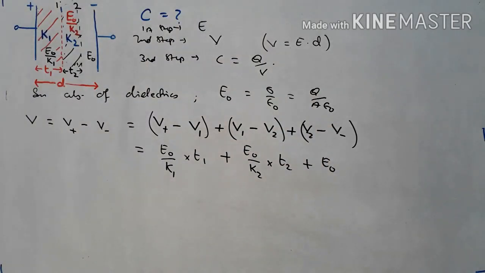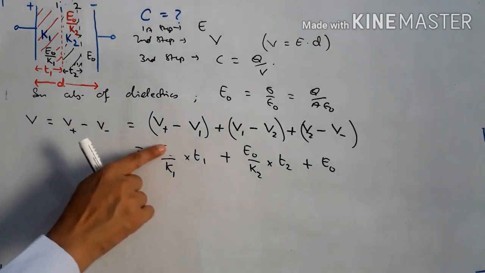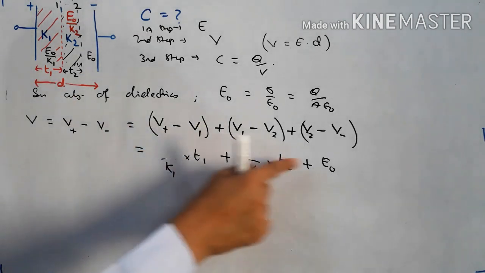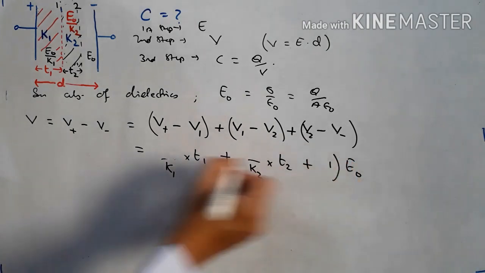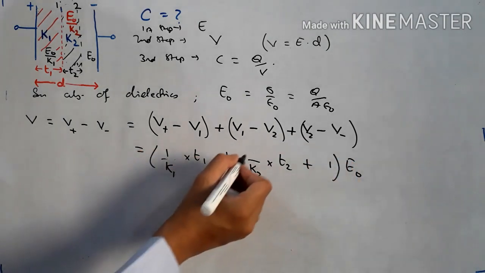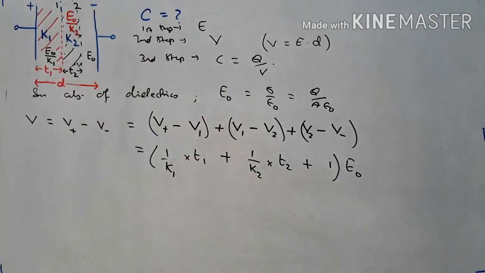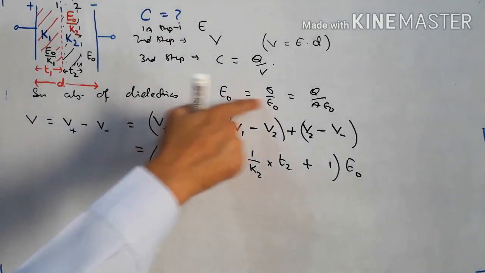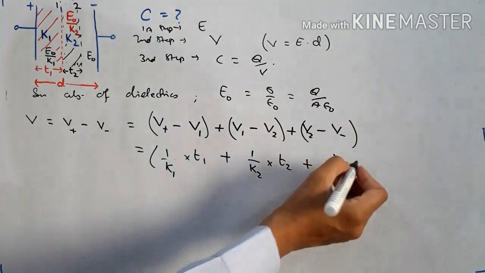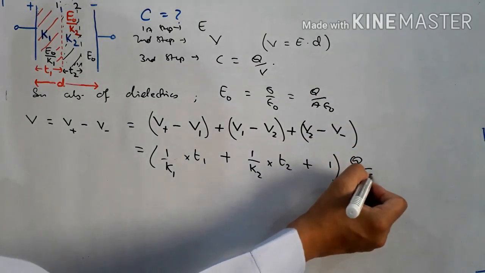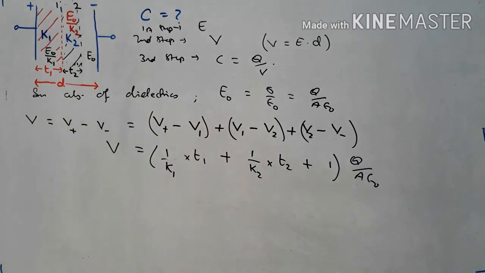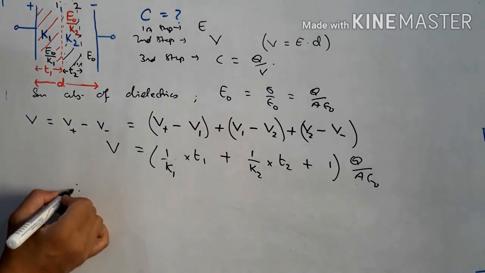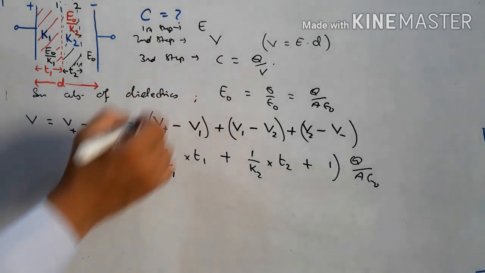So can we take E naught common? Yes, we can do. So E naught we can take common. We will be left with this much. And how much is E naught? Our E naught is Q upon A epsilon naught. So this is our V. And therefore capacitance, what formula we have to use?